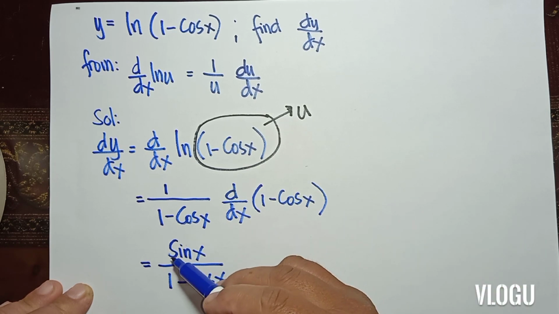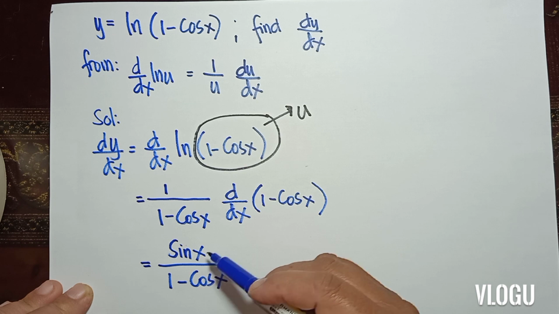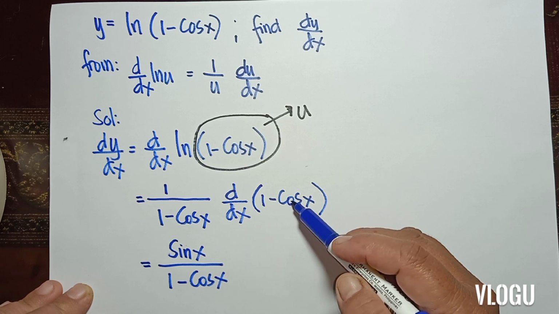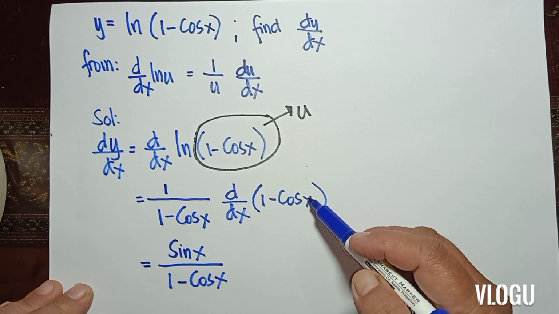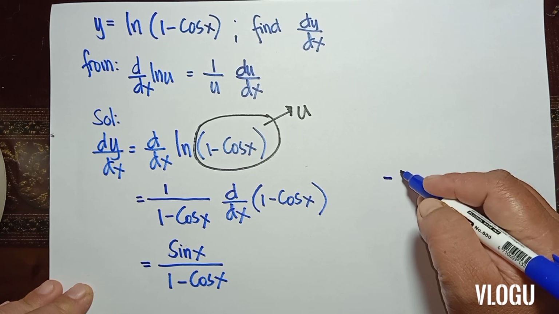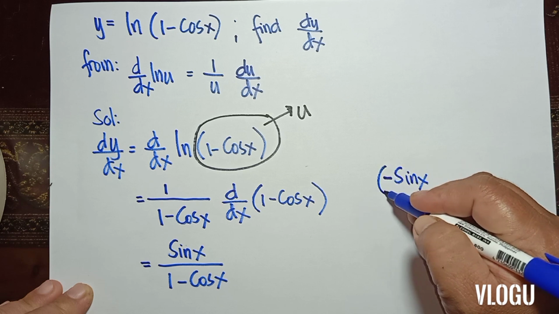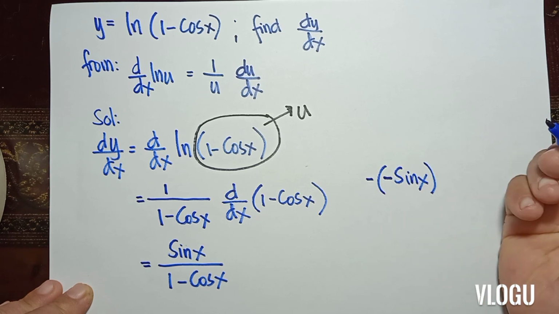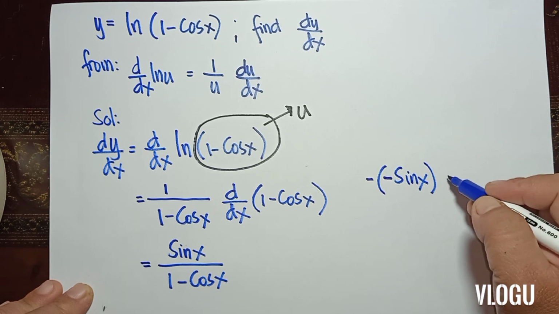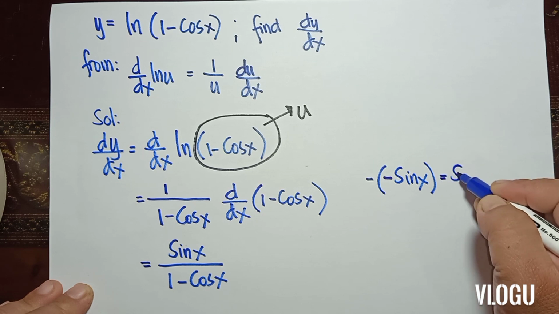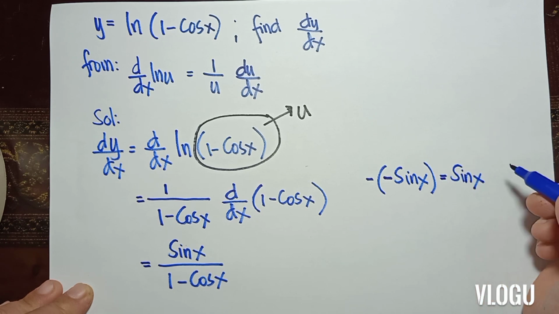Why do we have positive sine x? Because the derivative of cosine x is equivalent to negative sine x. Then we have a negative outside. So that's the reason it becomes positive sine x.